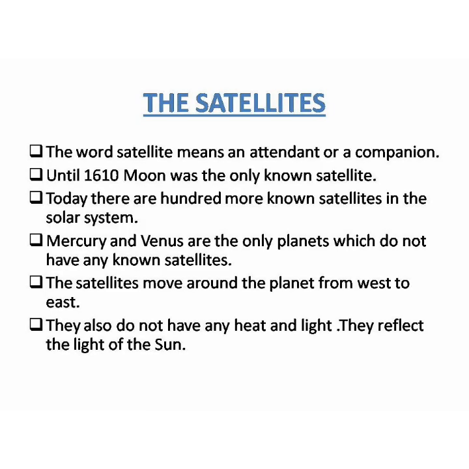The word satellite means an attendant or a companion. Until 1610, the Moon was the only known satellite. But today, there are about 100 more known satellites in the solar system.